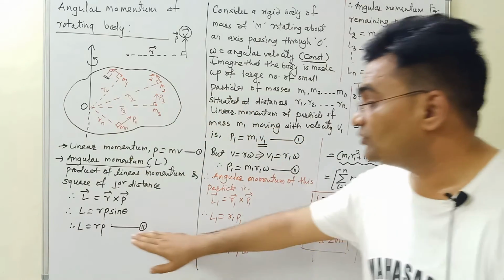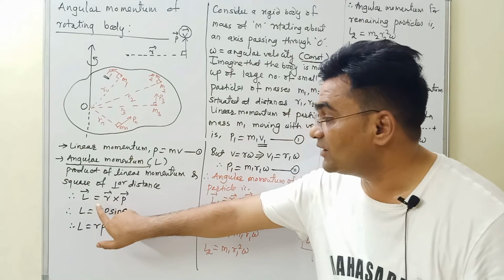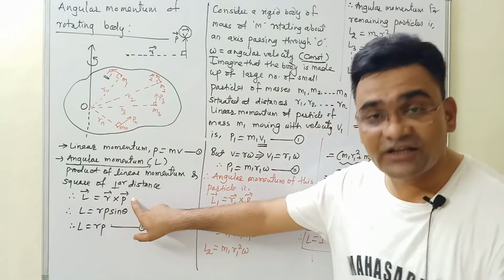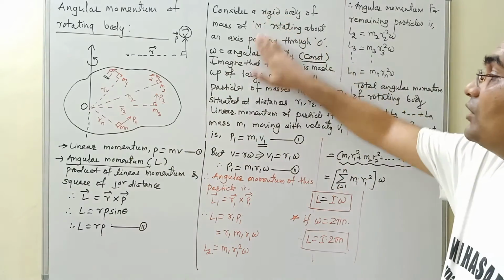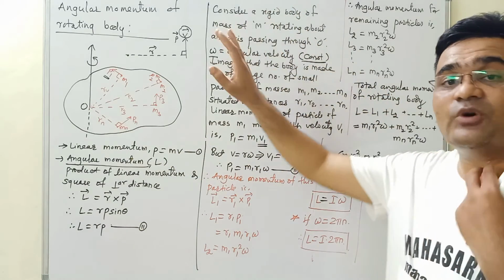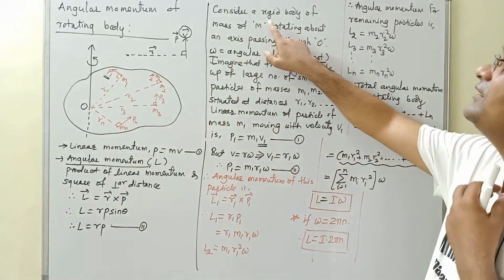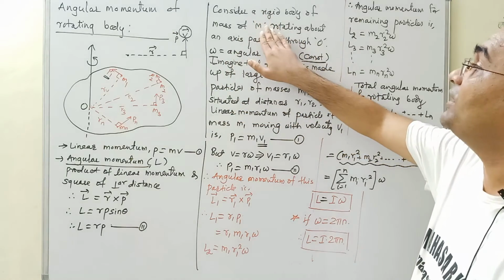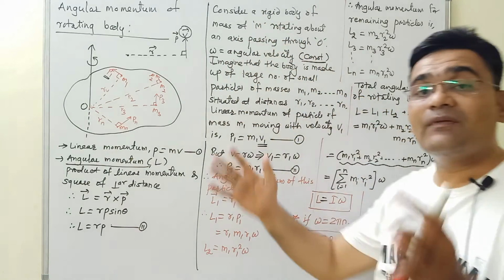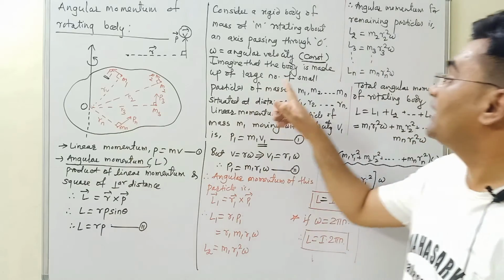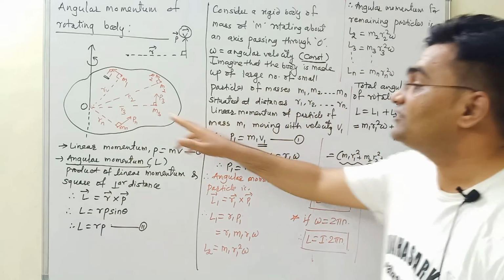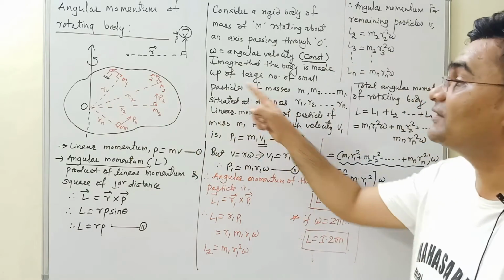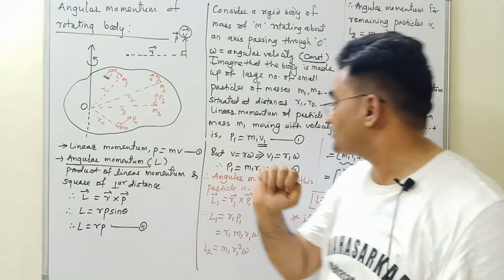We require to understand the basic definition of angular momentum in terms of distance and linear momentum, that is given by r cross p. And according to the basic assumptions we have used previously to understand rotational motion, a body of mass m is made up of a large number of small particles, with masses m1, m2, mn, all situated at different distances, and all the distances are perpendicular to the axis of rotation.